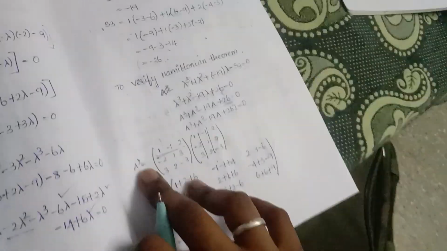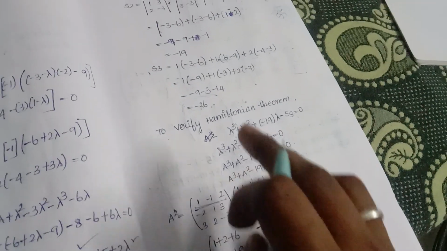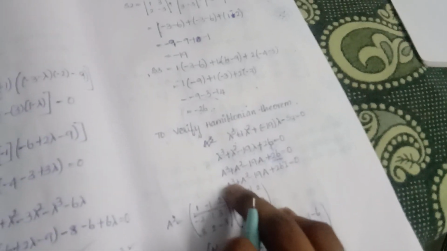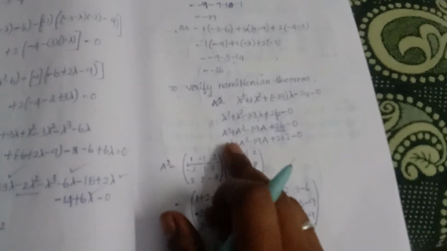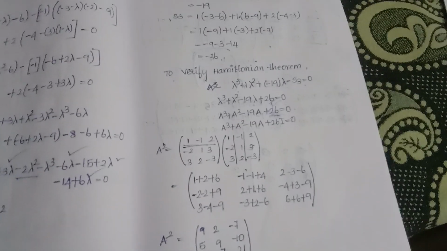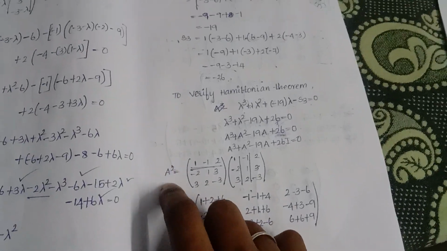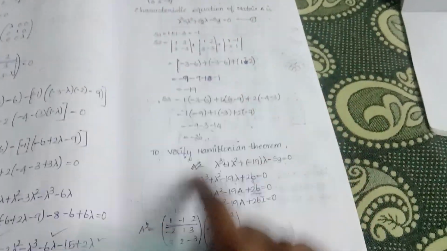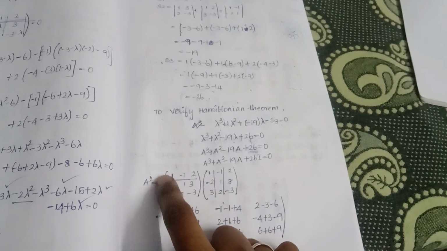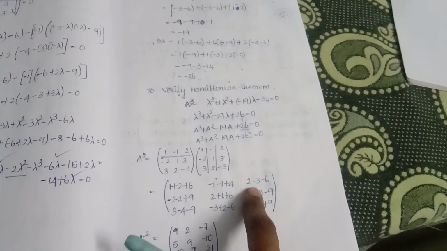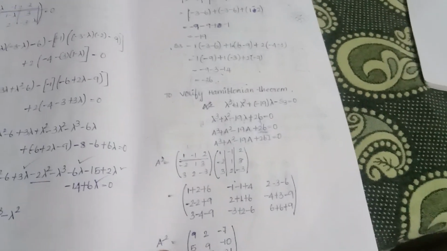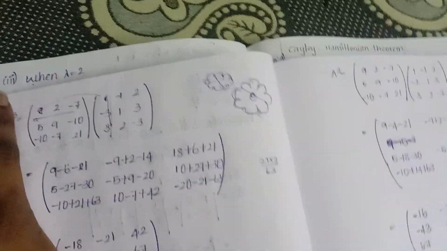We have to find the A cube value, the A square value, the A value and the I value, and substituting we get the answer 0. Finding A cube is written as A square into A. For A square, we know A is this matrix; multiplying, we get A square.